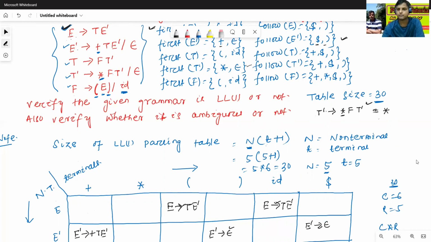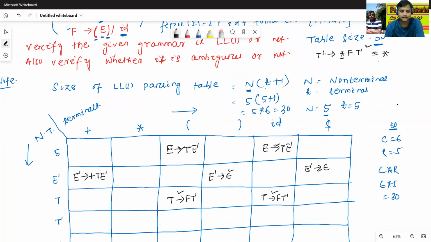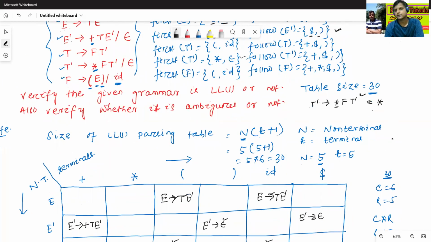So now we'll put here star, T prime to star F T prime. Okay, now we'll see one more production, T prime to epsilon.